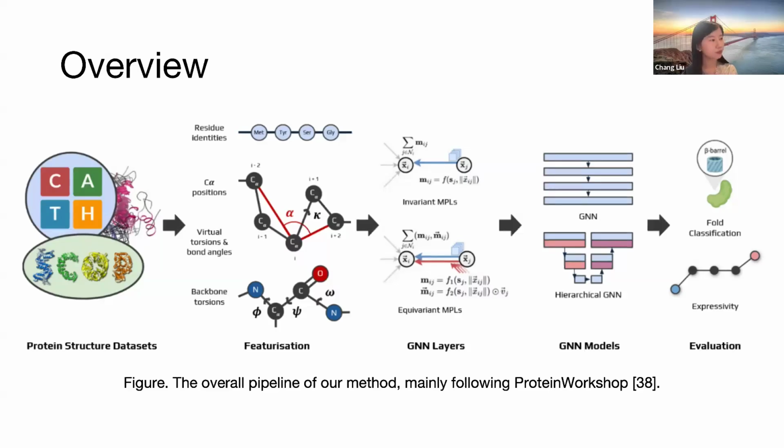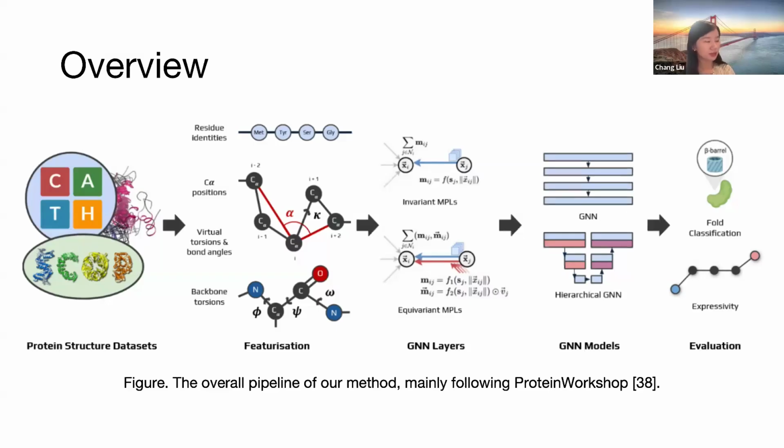Besides, for a specific application scenario, researchers and scientists can collect corresponding datasets according to their real demands. With this protein structure dataset, we can apply featurization to convert the data into a format that our GNN models can process and understand.